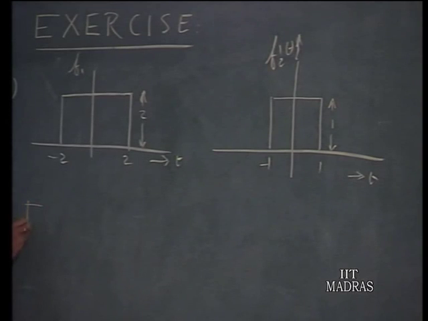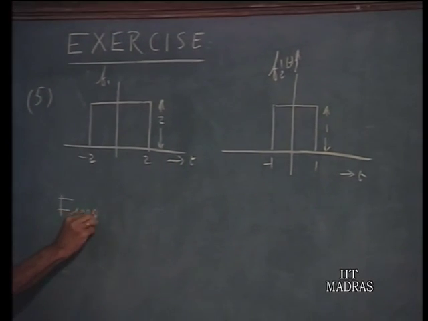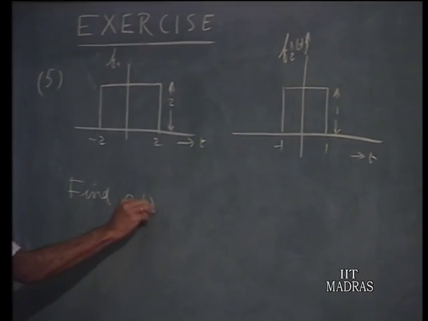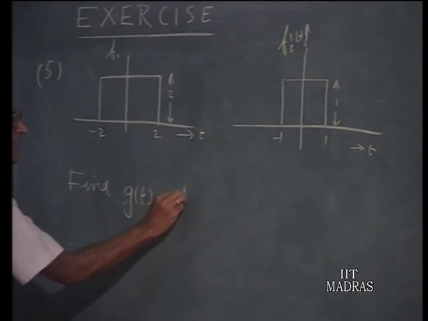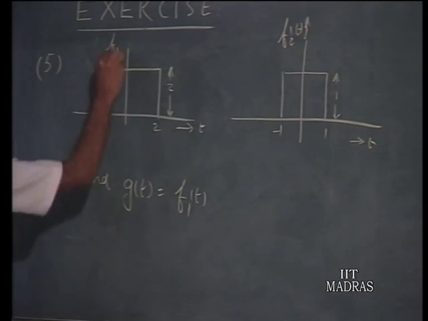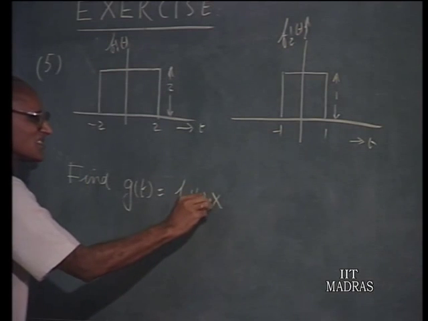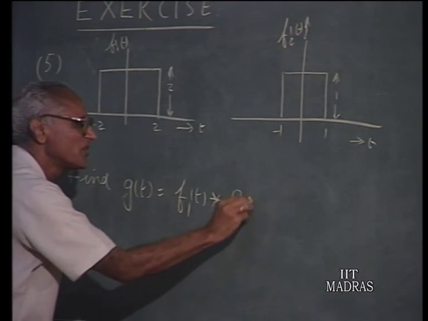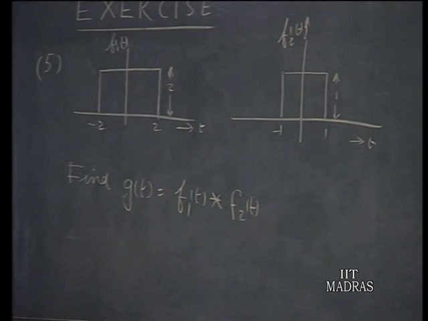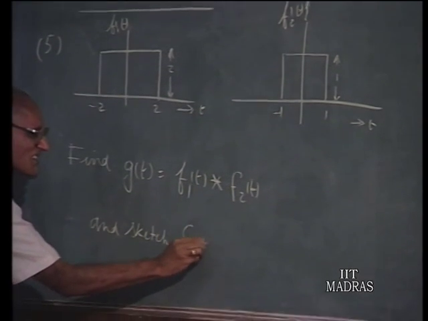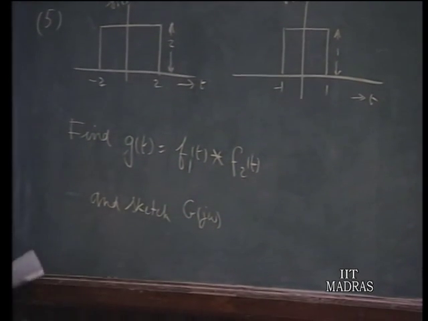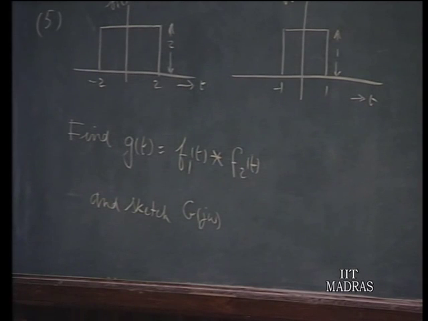Find g of t, which is obtained by the convolution of f1 of t and f2 of t, and find g of j omega, which is the Fourier transform of g of t.